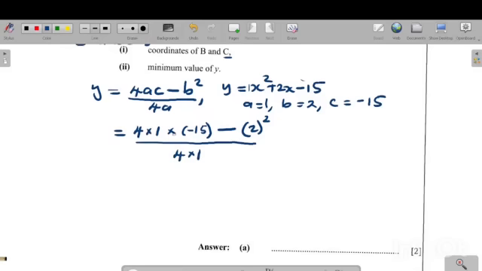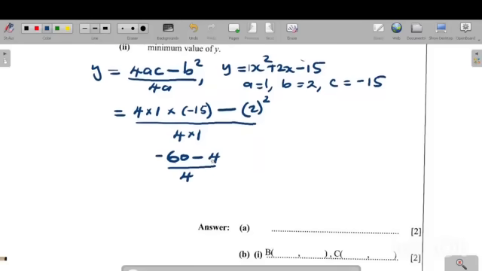So you are going to simplify here. 4 times 1 is 4. 4 times negative 15 is negative 60. Then minus 2 squared is 4. Okay? Over 4 times 1 is 4.